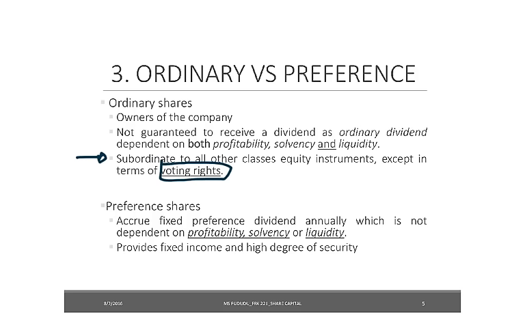Your preference shares have preference over your ordinary shares. Your typical preference share, which is your cumulative preference share, accrues a fixed dividend on an annual basis, and this dividend is not dependent on the profitability, solvency, or liquidity of the company.